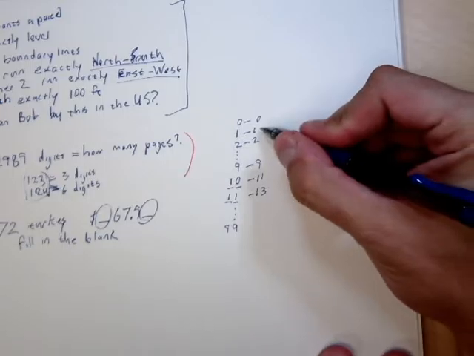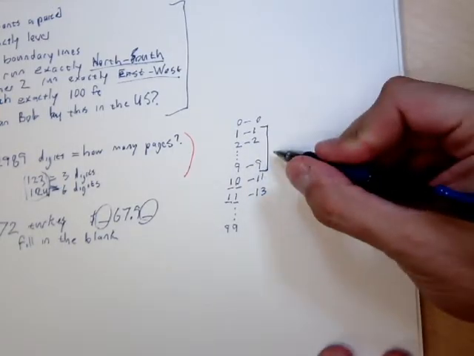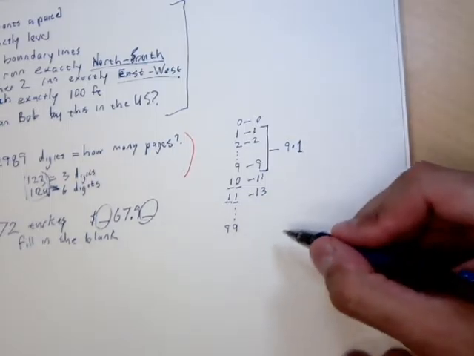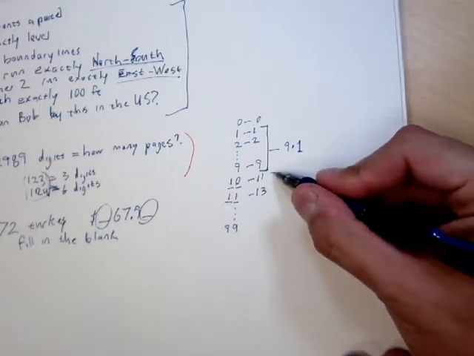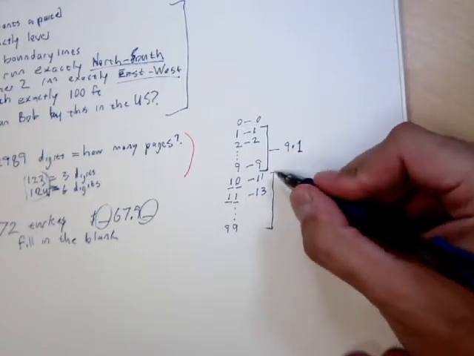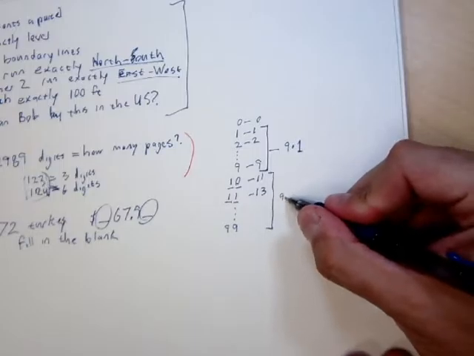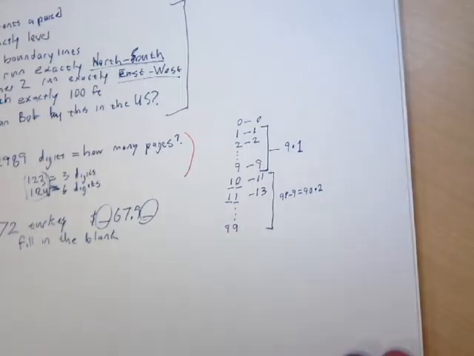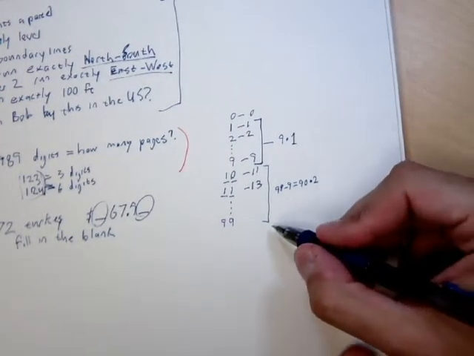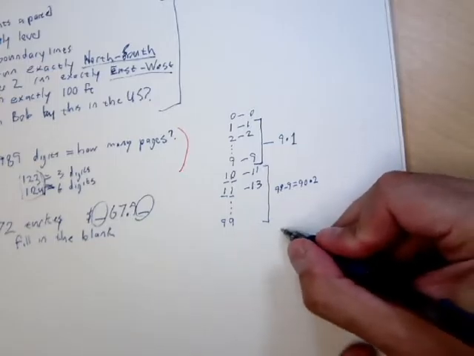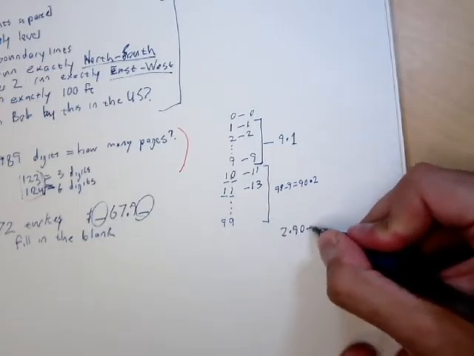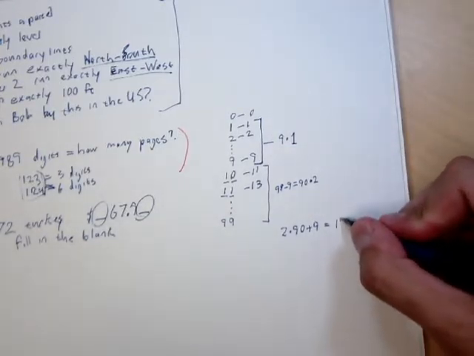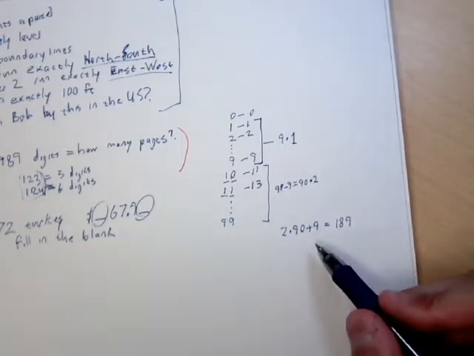So I can see I have 9 one-digit pages, and up to 99, that is 99 minus 9 equals 90 two-digit pages, which gives me a total of 2 times 90 plus 9 equals 189 digits used so far.